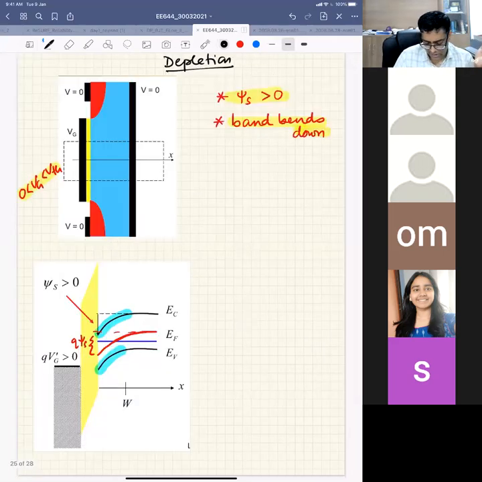But you see here Ei is bending downwards and your Ef is flat. So the energy difference between Ei and Ef will reduce, right?